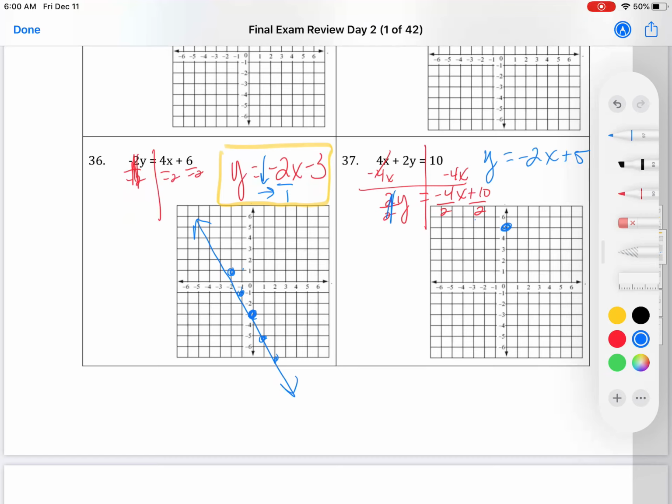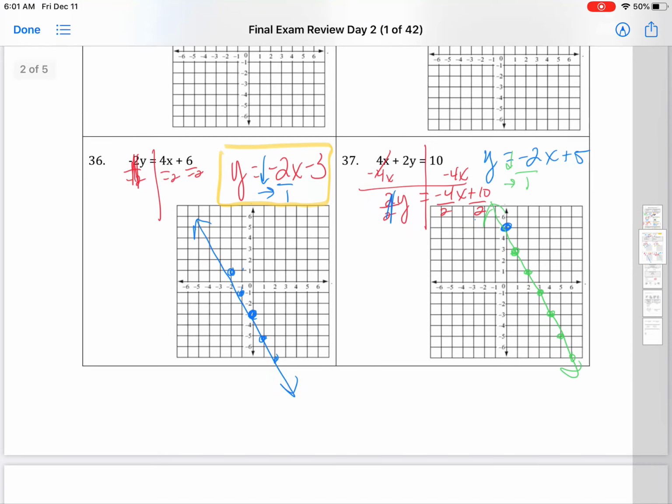So I'm going to begin at the number +5. And then I'm going to drop down 2 and to the right 1. And that's my graph. Okay, moving on.